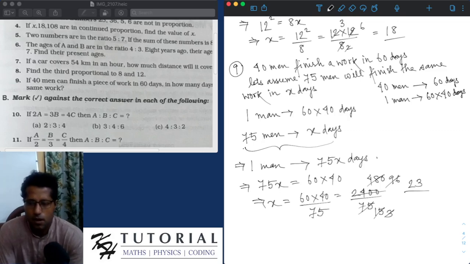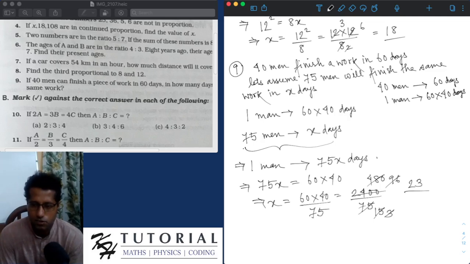Now, from the other fact, if we assume that 75 men will do the same work in X days, from that we get that one man will then do the same work in 75 into X days. So 75X has to be the same as 60 into 40. From there we have found X.